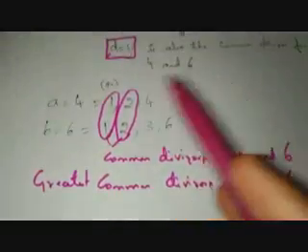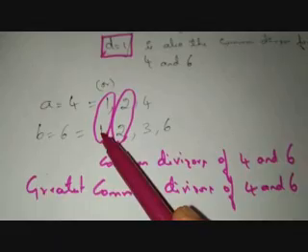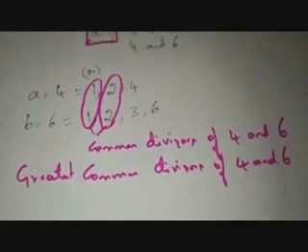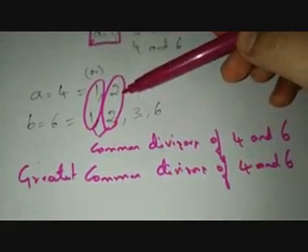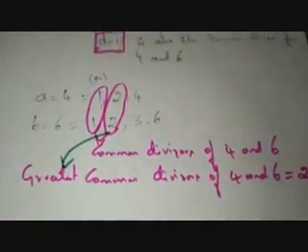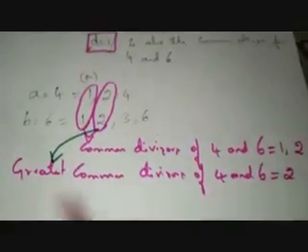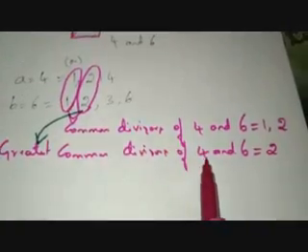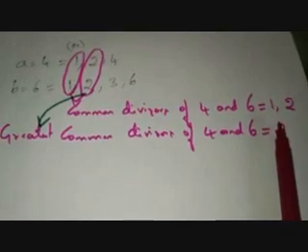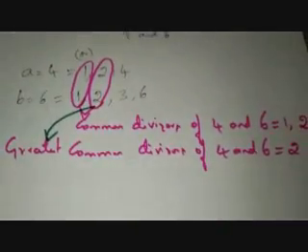First get the common divisors, then the greatest number among the common divisors is your greatest common divisor. Here the greatest number is 2, so this 2 is your greatest common divisor. The common divisors are 1 and 2, and in this case the greatest common divisor of 4 and 6 is 2. It's very simple, right?